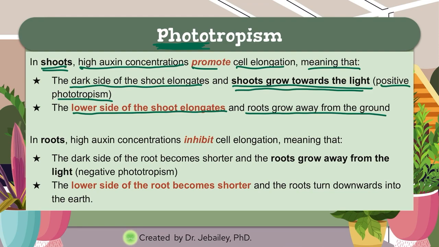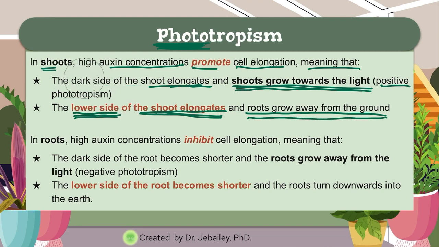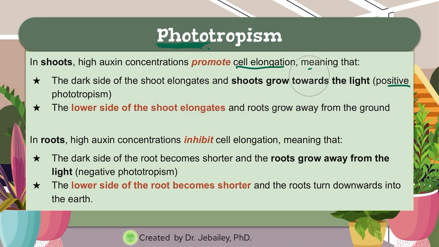In another sense, the dark side of the stem elongates while the stem grows towards the light. It is very important that you remember the difference between the shoot and the next one, the roots.